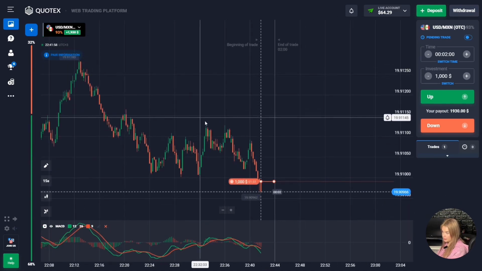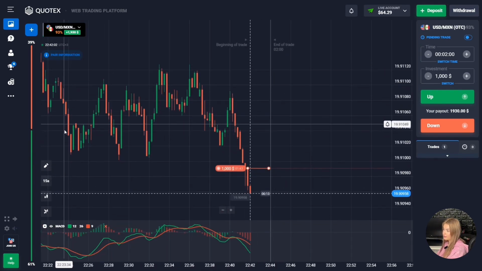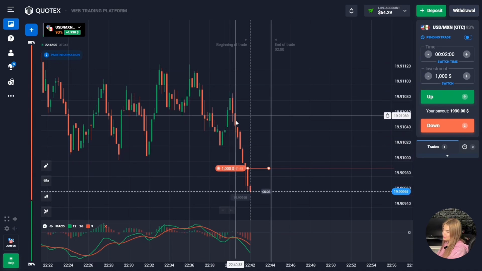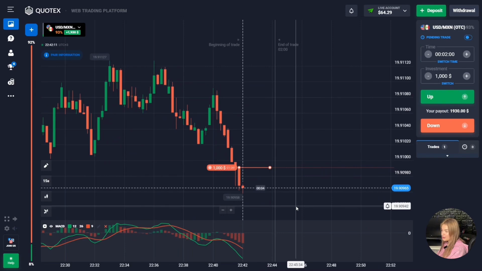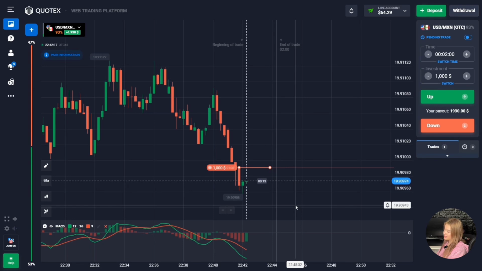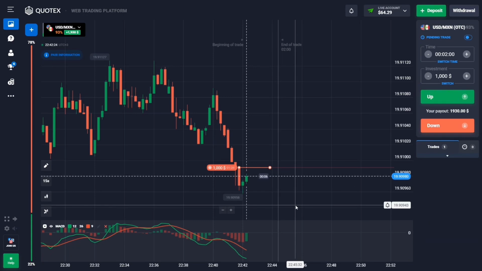Also, after a long period of consolidation, the price made a downward momentum and we have a large number of red candlesticks on the chart. Also, now the price is going below our entry point. So all these points made it clear to us that the price has a good potential to go down. And I think that the price will continue to move down in a downtrend. Guys, let's wait for the result.